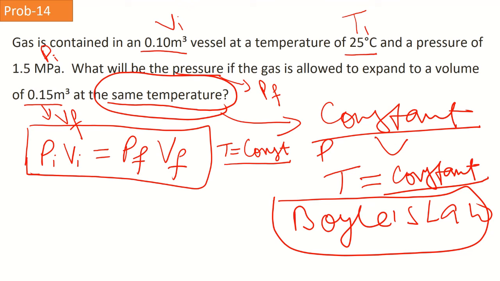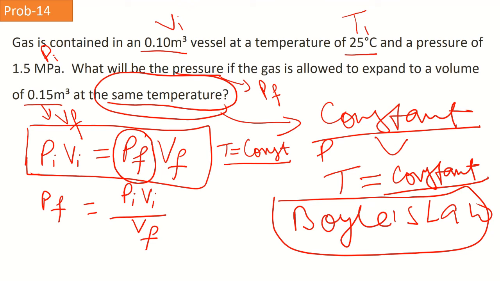So here you have to find the final pressure of the gas. This final pressure you write on one side, so it will be Pi Vi over Vf.